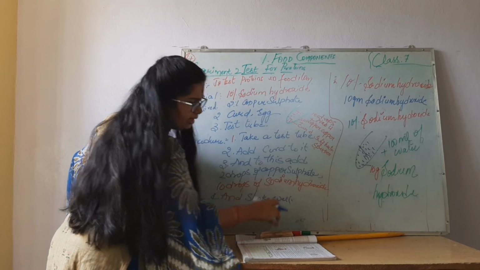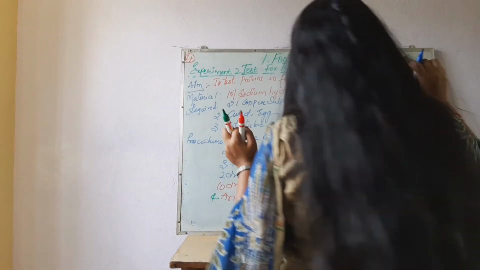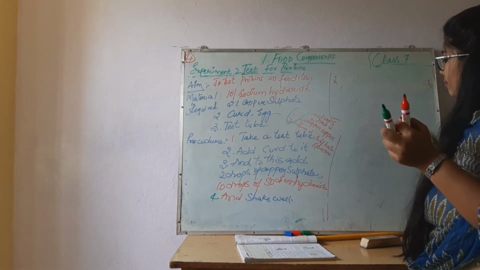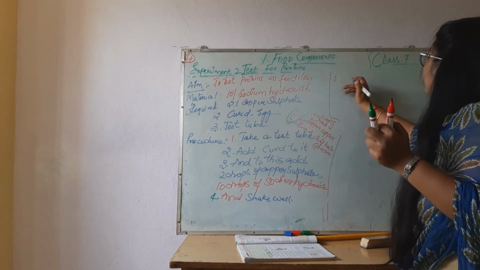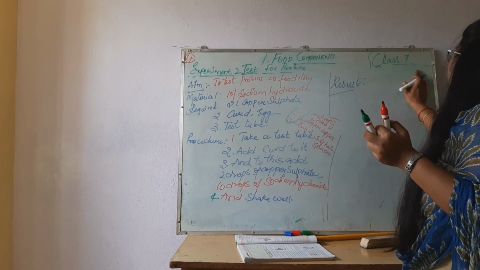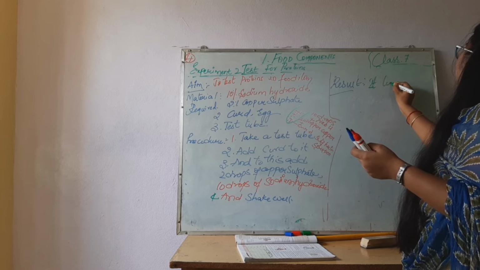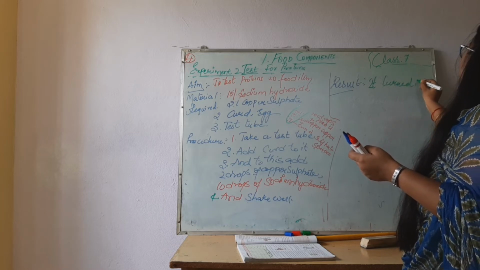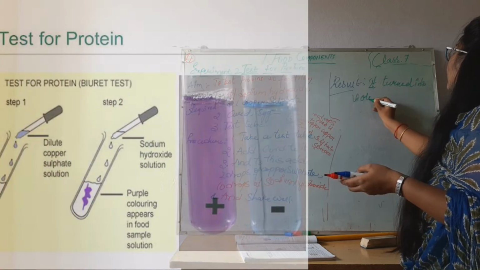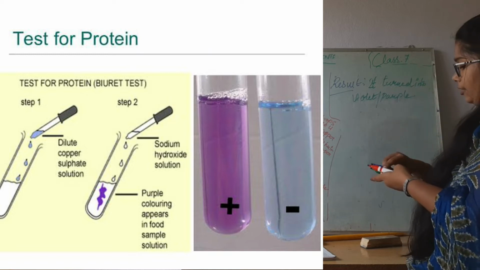If this solution turns violet or purple, as we have added curd, it contains proteins. It turned violet, or purple also, it's okay. Purple. Observation.